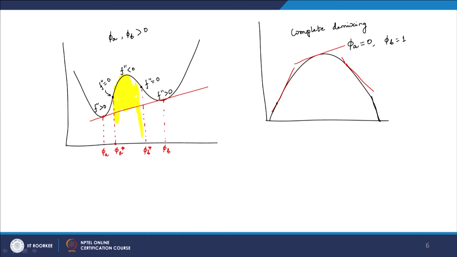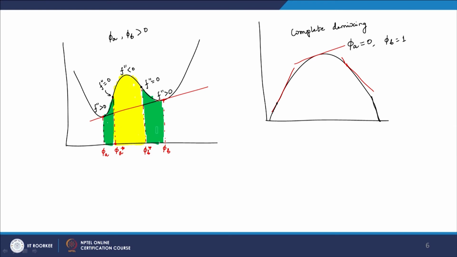This is the middle regime, where f double prime is less than 0, but you also have two other regions, one here and one there, for which f double prime is actually higher than 0, right.